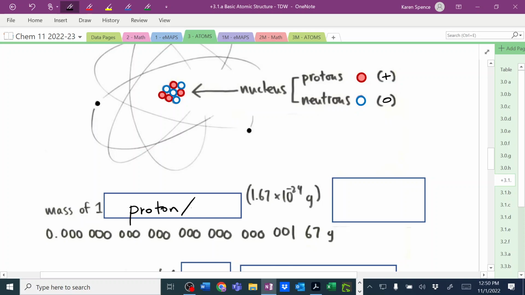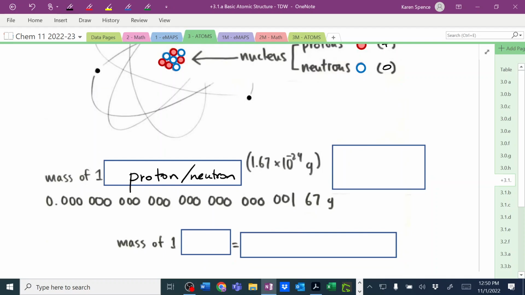The mass of 1 proton or neutron is 1.67 times 10 to the negative 24 grams. That's a really small number, yes? So it is much less than 1. If you look, we've got so many zeros, yes?